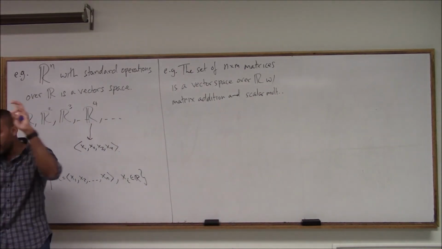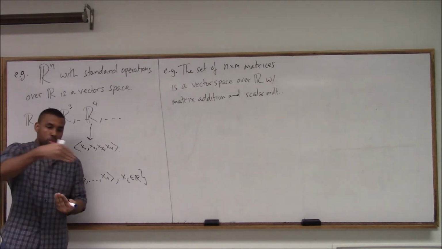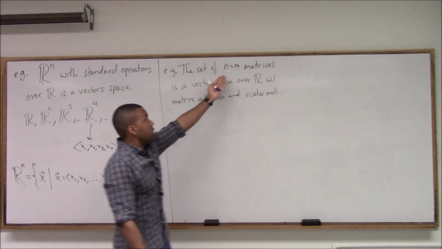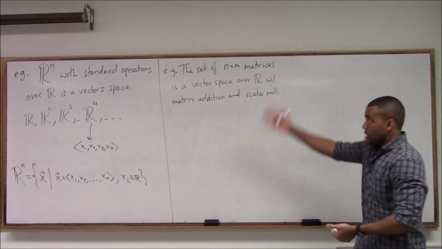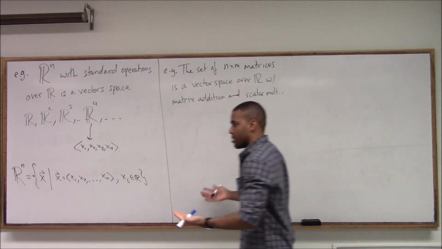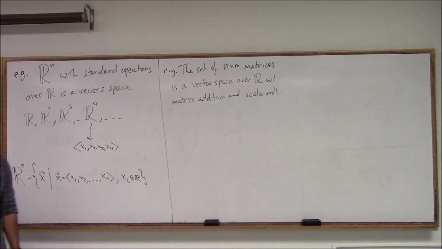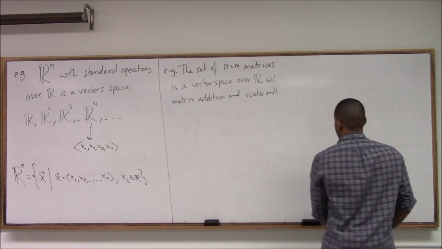So the zero vector there is just going to be the matrix with 0 in all its entries. Negatives are just, you take the negative of each entry. You realize if you add 2 matrices of a certain size, you get another matrix of that size. And if you take a scalar multiple of a matrix of a certain size, you get another matrix of that size. And the properties that I gave you in the handout tell you that all the other 10 properties actually work. So that is an example of a vector space.